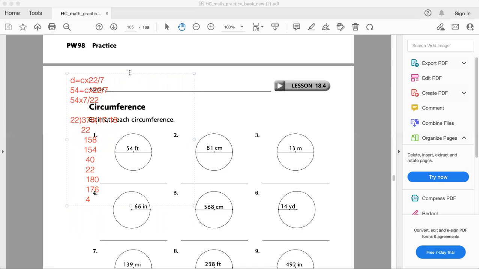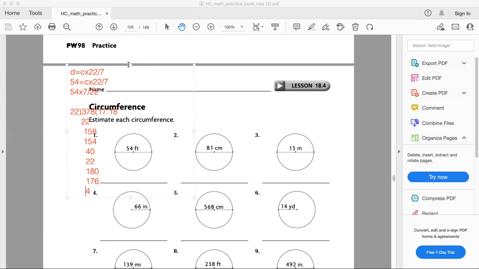Ma'am, first the diameter is D and the circumference is C. So C is equal to 22 by 7 times D. We have to first multiply 22 by 54 because 54 is the diameter.